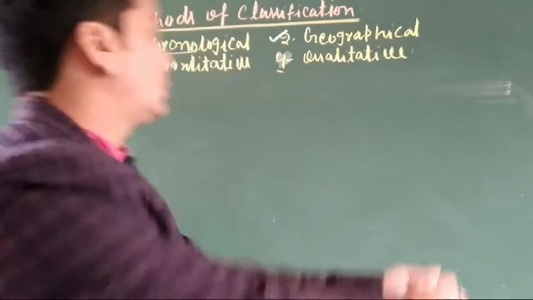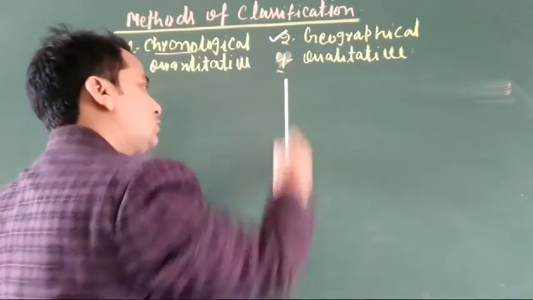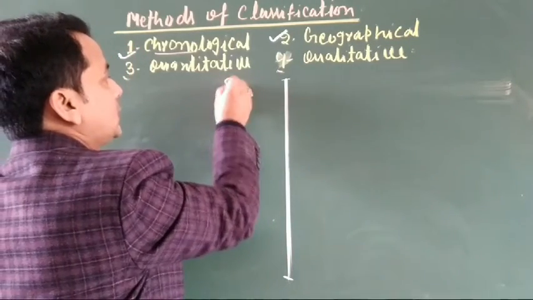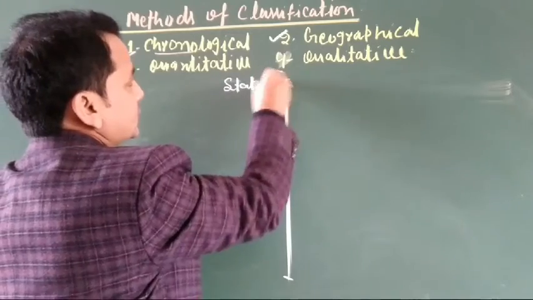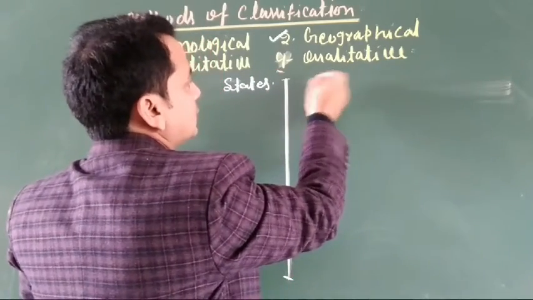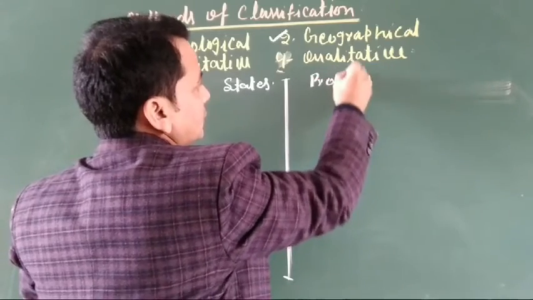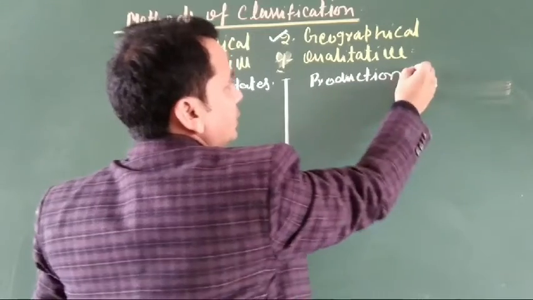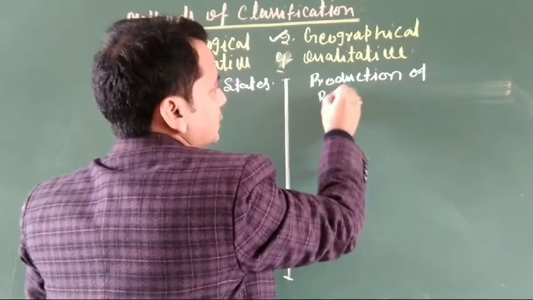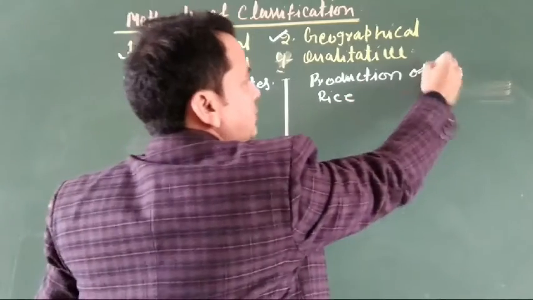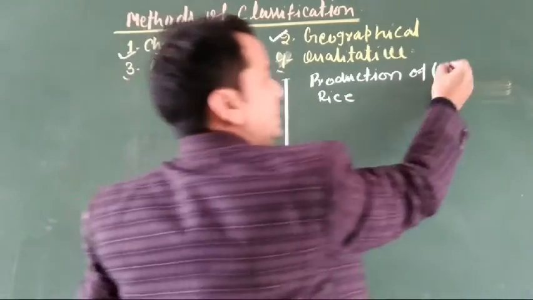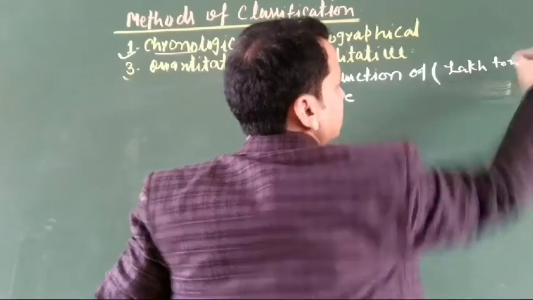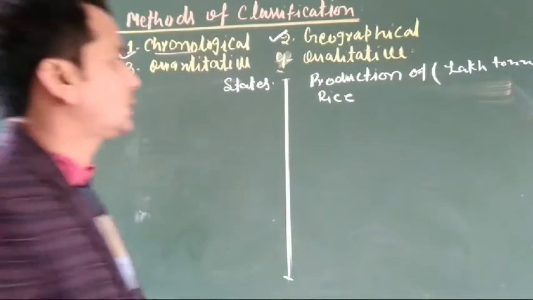Here is some example. There are two columns: the first is the place, states, and the second is the production of rice, measured in lakh tons.